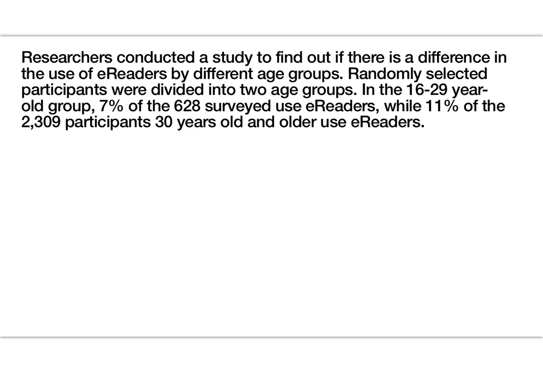Research conducted a study to find if there's a difference in the use of e-readers at different age groups. Randomly selected participants were divided into two age groups. In the 16 to 29 year group, 7% of those surveyed use e-readers, while 11% of the other participants, older, use e-readers. So you're thinking, did they ask a question? We need to conduct a study to find if there is a difference.